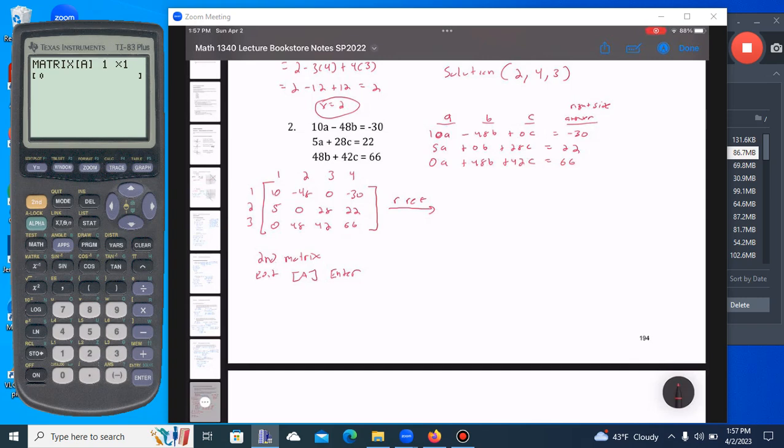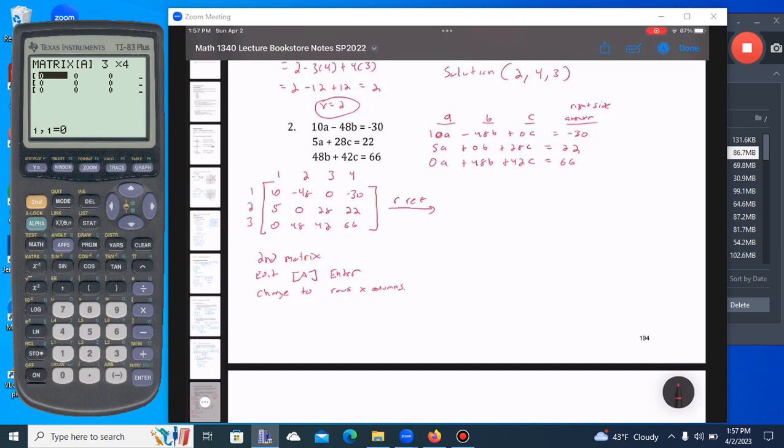We want it to be 3 by 4. 3 times, as you see, they put 3 rows times 4 columns. Then we put in our values.